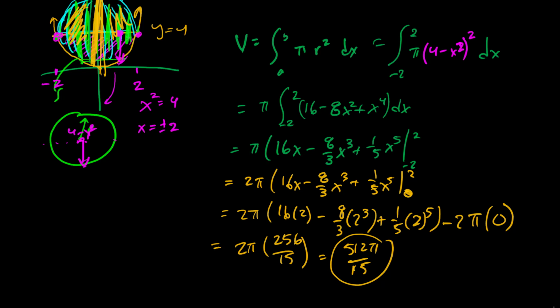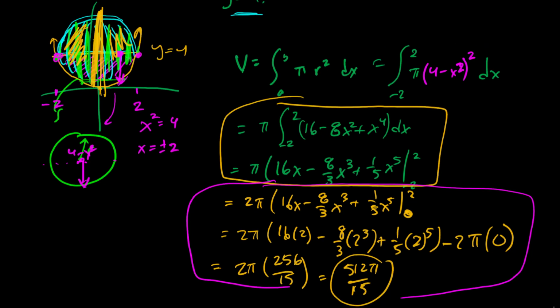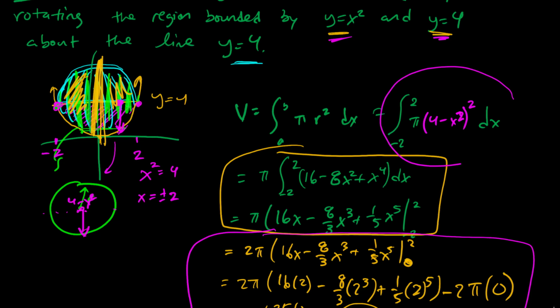Now the integration part itself, the calculus part, going from here to here, was pretty easy. The arithmetic down here can be tricky, but if you're careful, you can get it right. The hard part was setting up my integral right there. That's why you have to keep in mind, it's not just pi f of x quantity squared, it's pi times whatever my radius is.